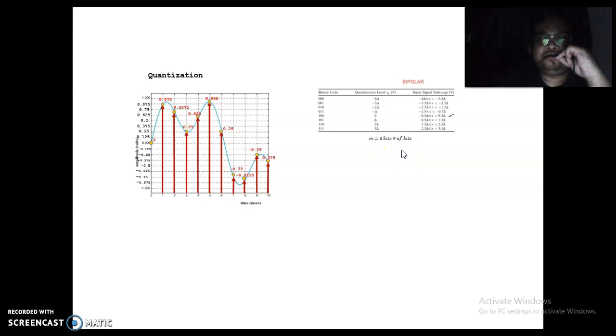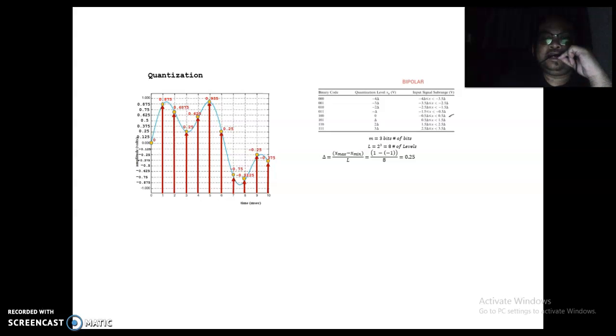First, you need to get the M for the given bits. M is 3 bits. And then the number of levels for this sampled voltage to be divided into is 8 levels, that is 2 raised to 3, which is 8. And then you need to solve for the resolution.